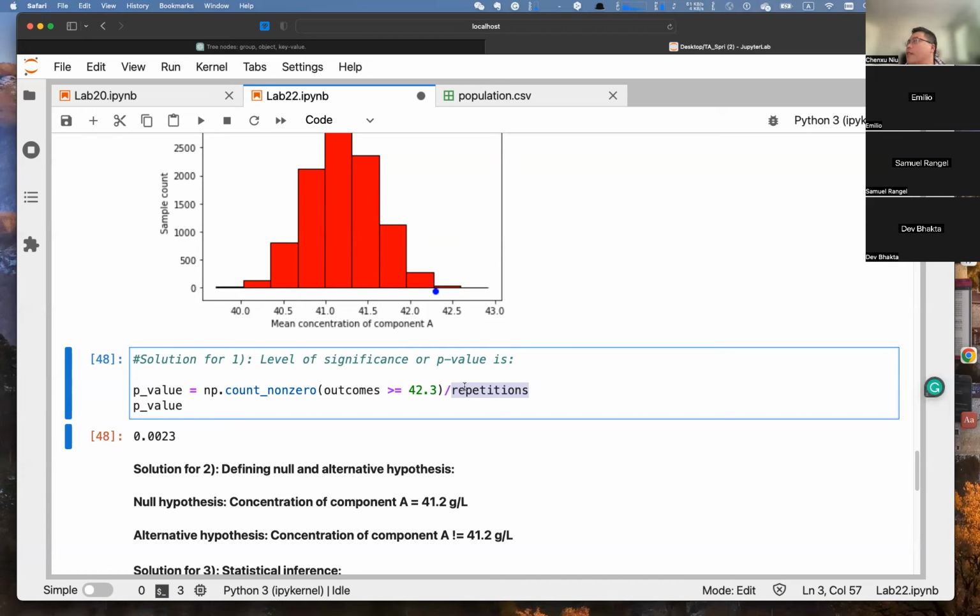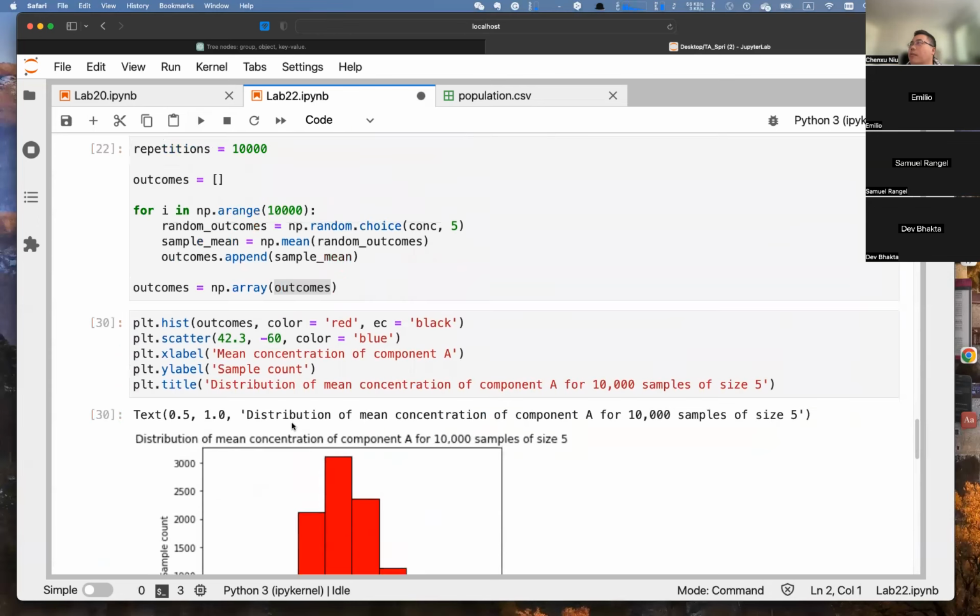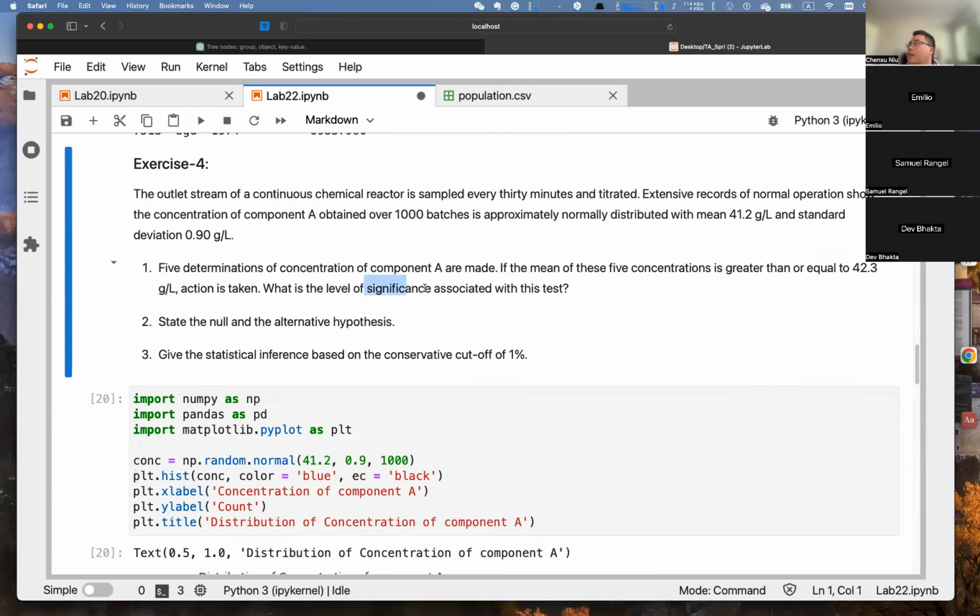Because here it means you want to have how many numbers are greater than or equal to 42.3. Repetitions means the total number of experiments, right? And after that, you can get the p-value. It is about how to compute the p-value. It's used to show the level of significance.